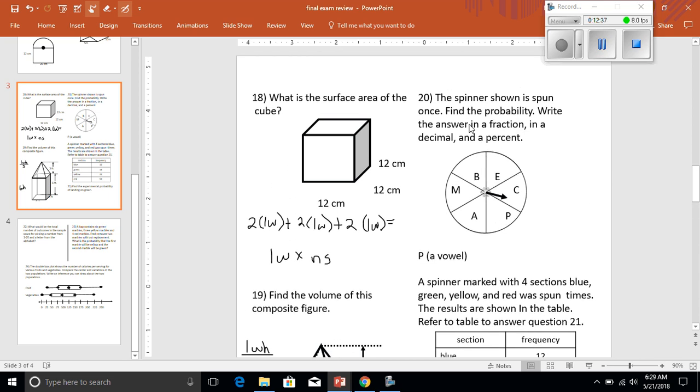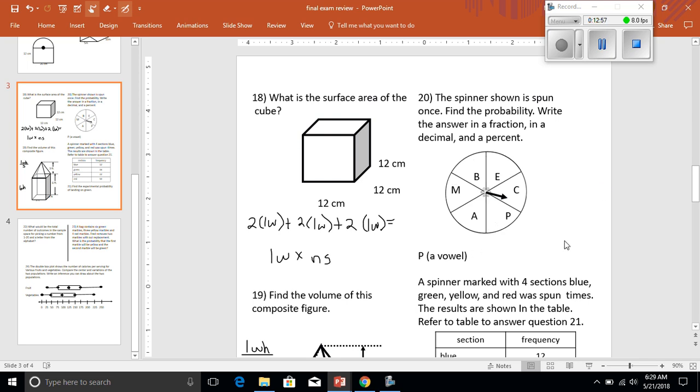All right? And number 20, a spinner shown is spun once. Find the probability. Write the answer in fraction, in decimal, and percent. Probability for P being a vowel.